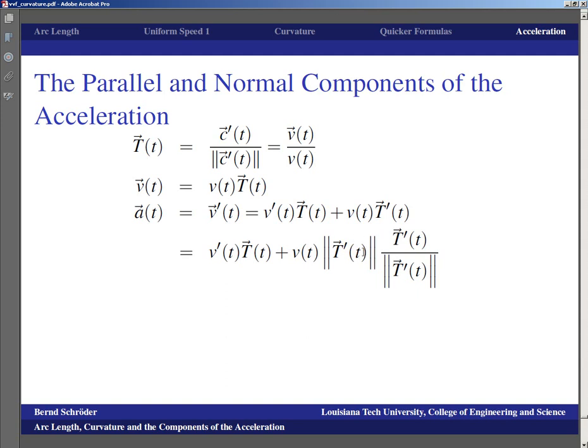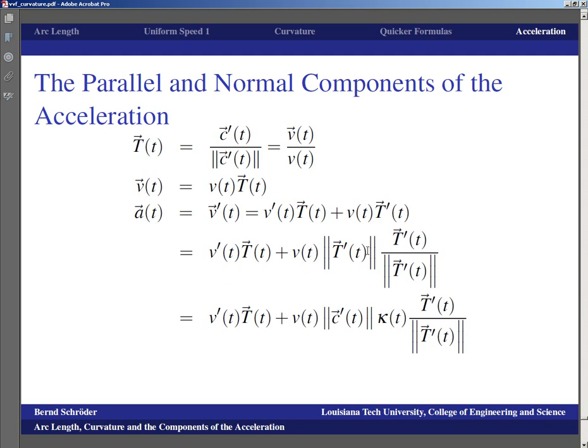We know, let's see, and right now I'm so tired I don't remember my formulas. Okay, T prime of t divided by the norm of T prime of t, that is that unit normal vector. And the norm of T prime of t, remember that kappa was the norm of T prime of t divided by the norm of c prime. So if we solve that for T prime, we keep the velocity.